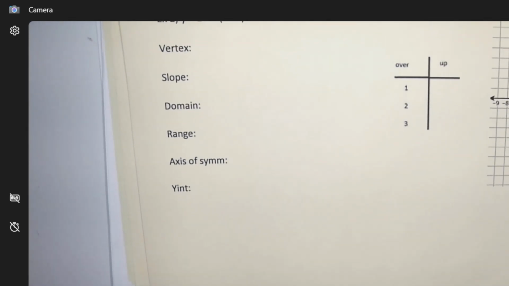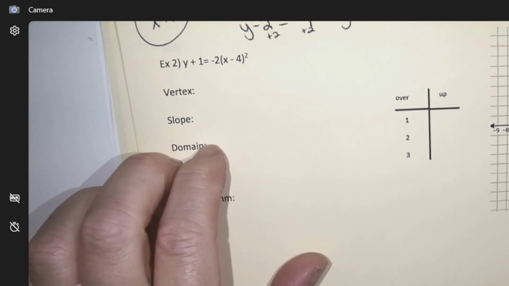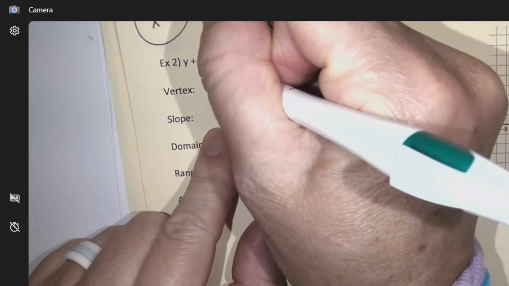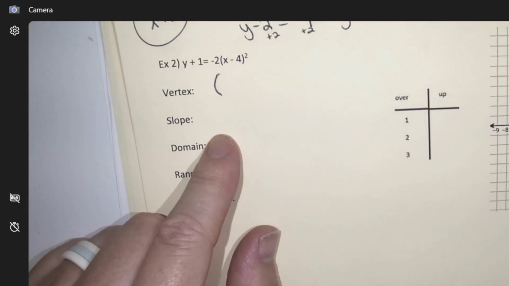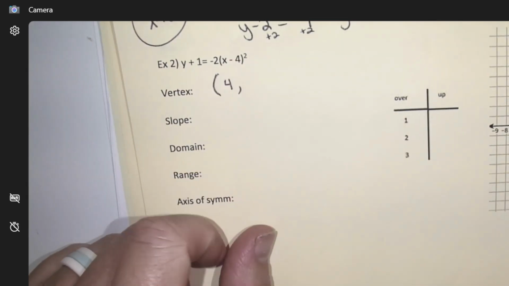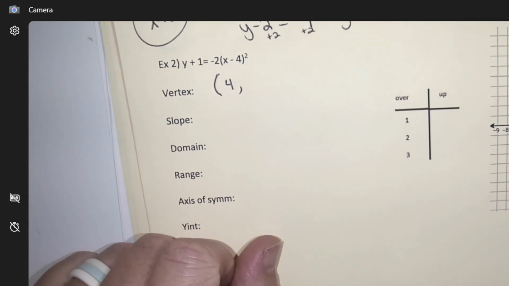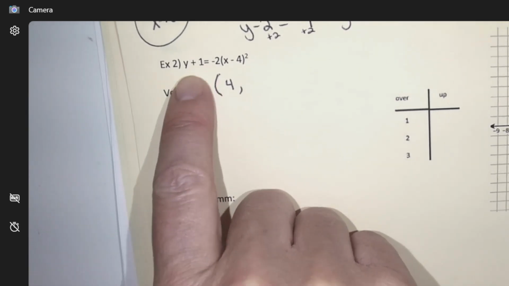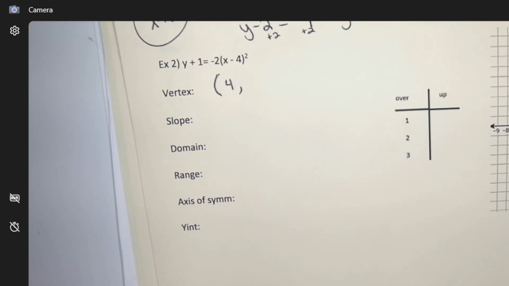Okay, here we go. Vertex. So I need to take the bracket number. So what kind of 4 do I want? Think about opposites or sames on the 4. Opposite. And the k value, so just the number that's detached, so that's the 1 part. Is it a plus or minus 1?